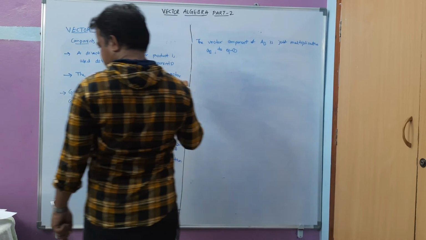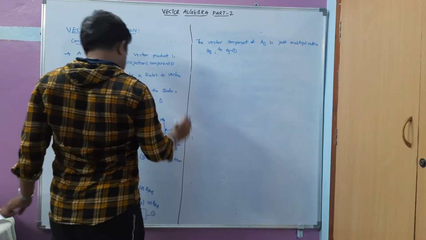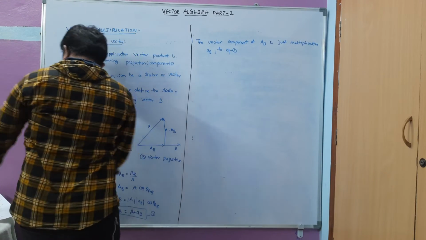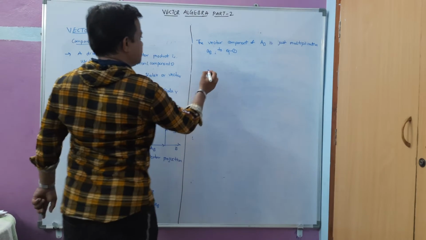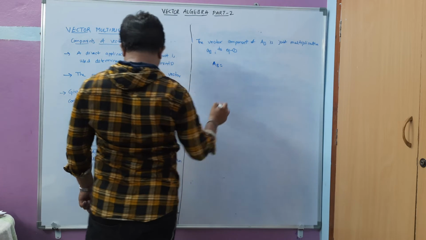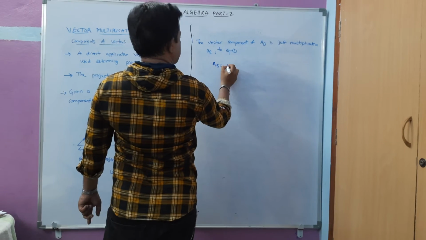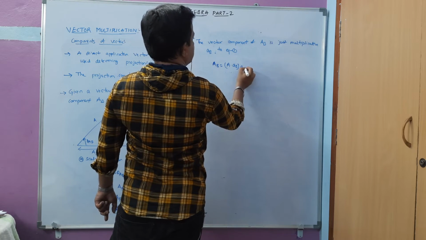Okay, what is that one? That is, I can just multiply this one. This is a scalar, this is a scalar one. The vector one will be bold letter AB, that will give me A dot AB into AB.